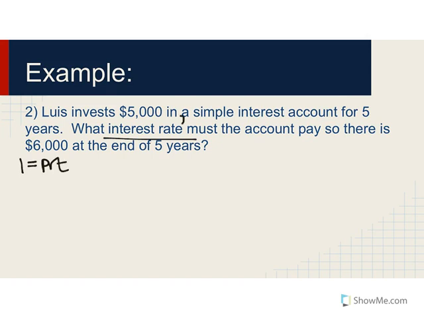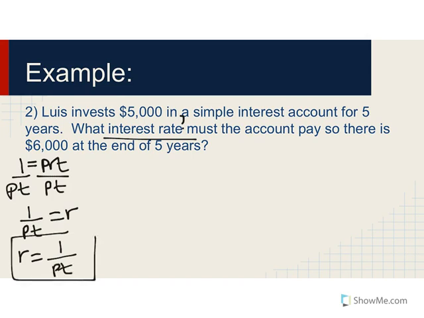We are now figuring out our interest rate, which is the R. So I'm going to divide both sides by P and T, everything that it's being multiplied by, leaving me with I divided by P times T equals R. Again, if you want to rewrite that formula so that the variable you are solving for is on the left, you can go ahead and do so. So this is my new formula I'm going to implement.